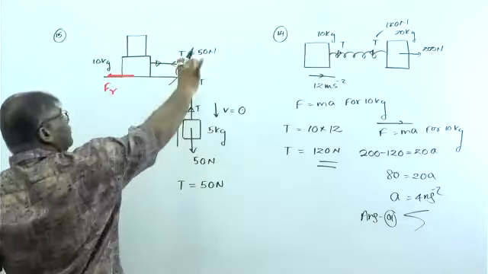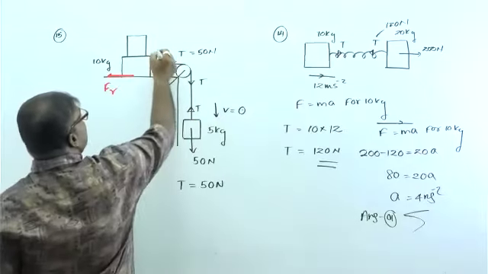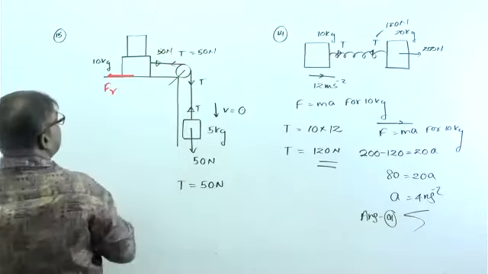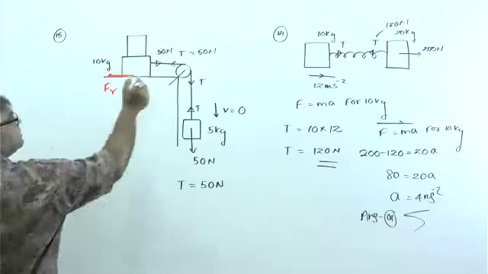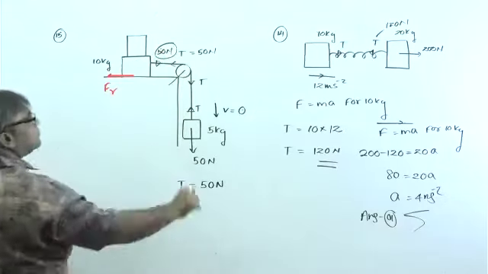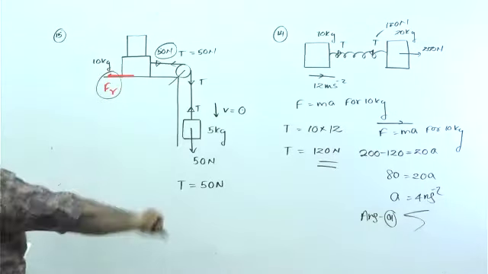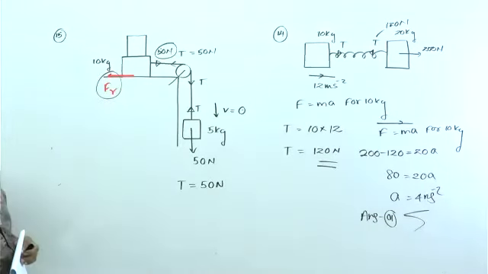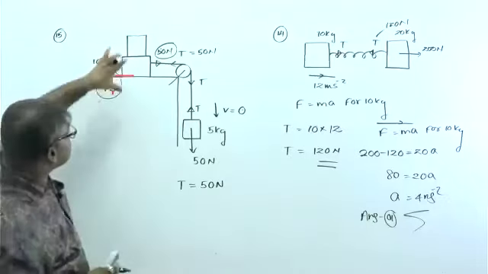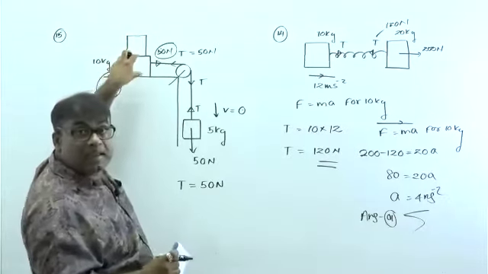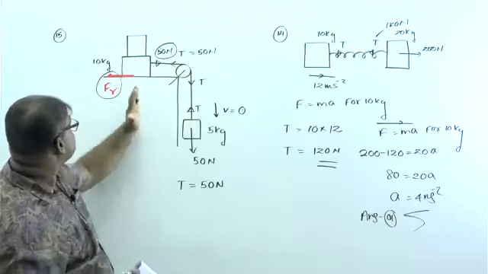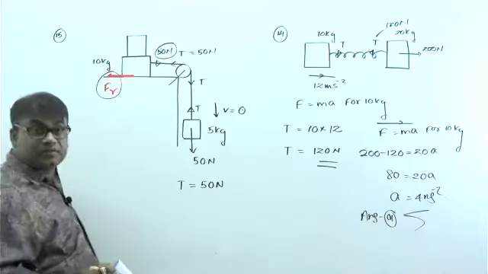Here, the force towards the right side is also 50 Newton. Then this object experiences the applied force 50 Newton. It prevents the motion. Then friction should be equal to 50 Newton, as the masses remain at rest, right side force should be equal to left side force.